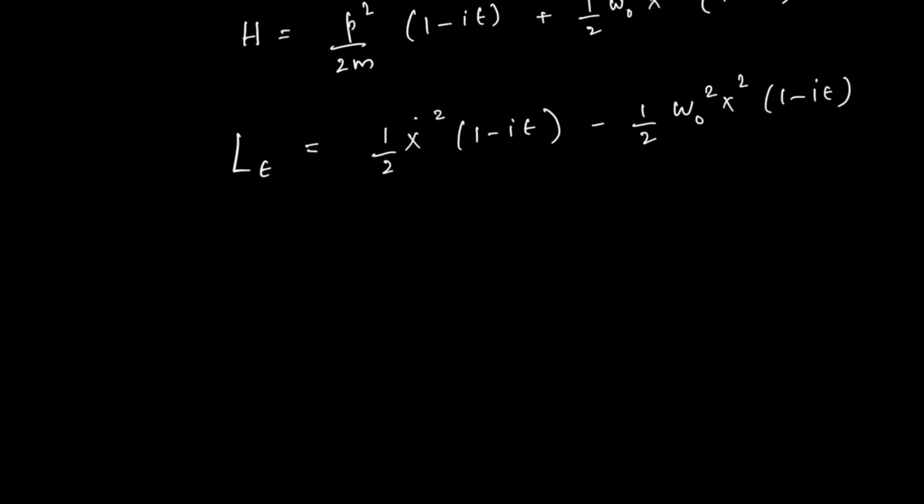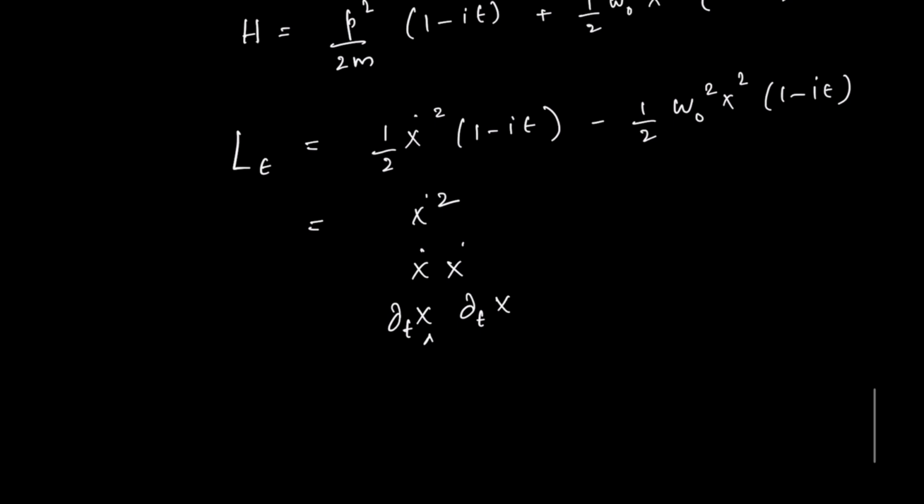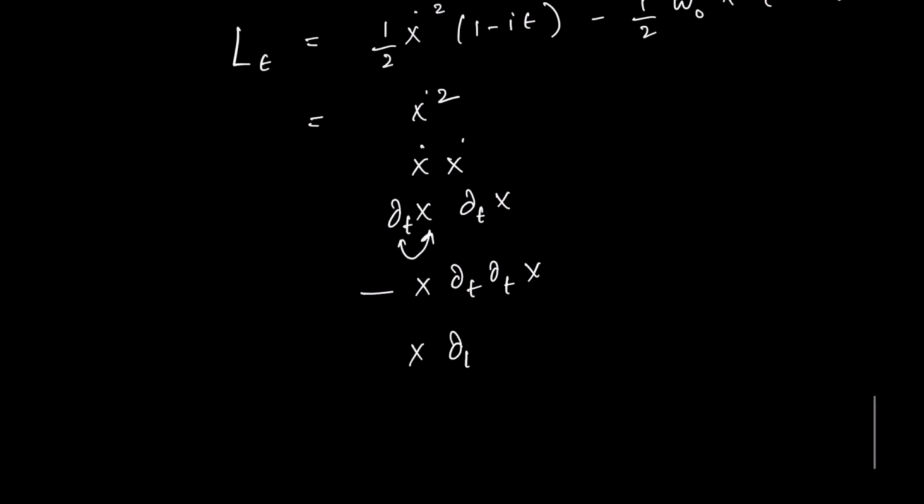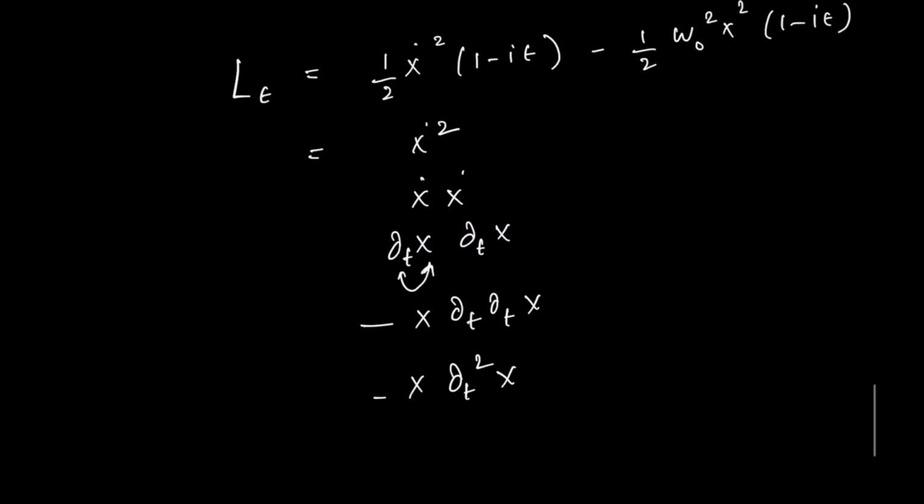Now here again I am going to use the trick we did yesterday. If there is x dot square, it means x dot times x dot. What is x dot? The time derivative of x. Now if I flip these two, then I'll get x and a minus will be there. So this will be x, the differential square x, then there will be a minus.